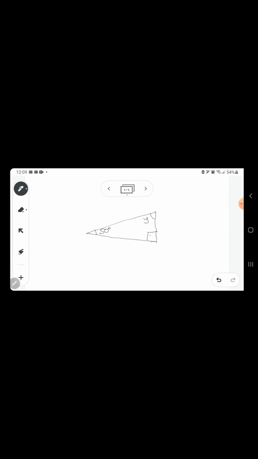All you need to do is figure it out and put 90 degrees here, and then you can say 50 degrees plus 90 degrees plus Y equals 180 degrees. And therefore 50 plus 90, because 5 add 9 is 14, and you put your 0 here, plus Y equals 180 degrees.